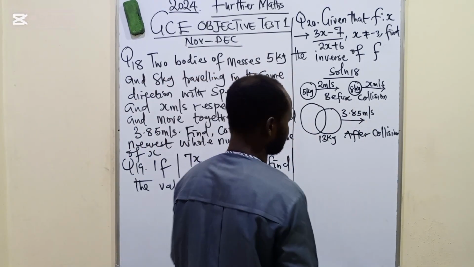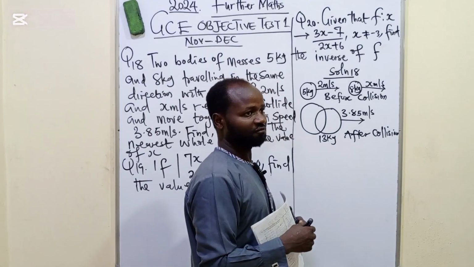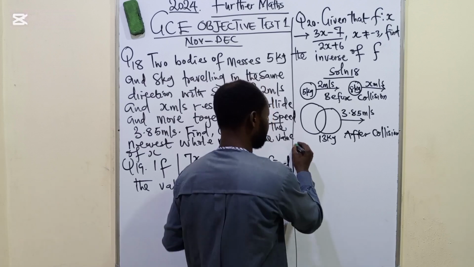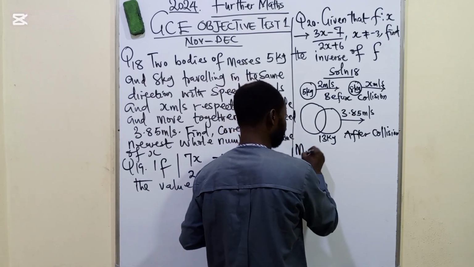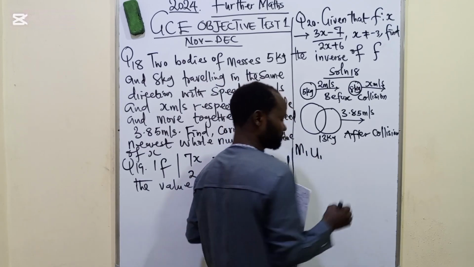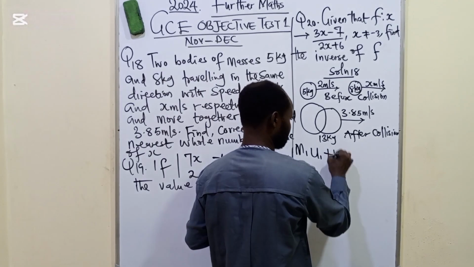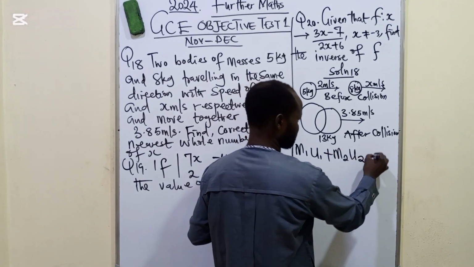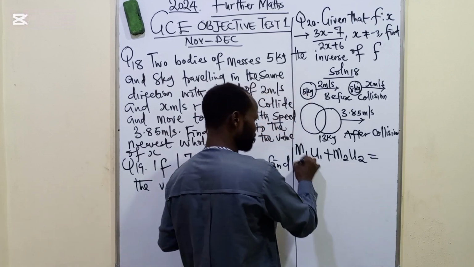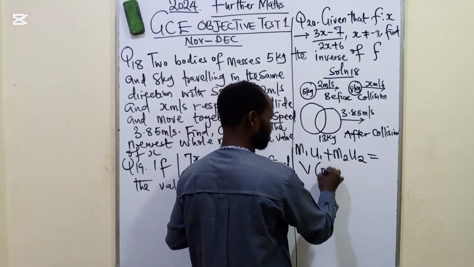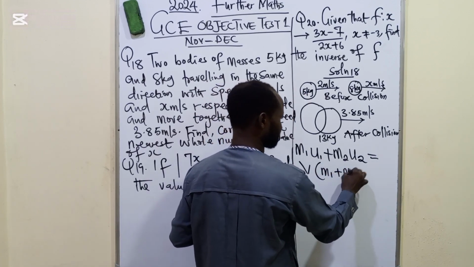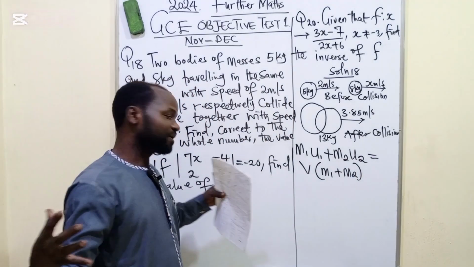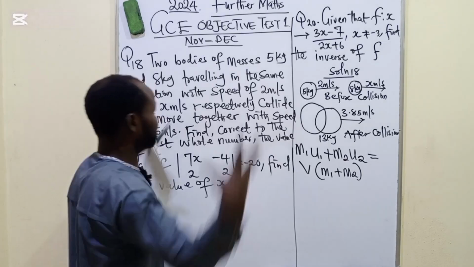So from the law of momentum, the first mass multiplied by the first speed plus the second mass multiplied by the second speed will be equal to their common velocity times the first mass plus the second mass. This is the formula we use if they move in the same direction after they collide.